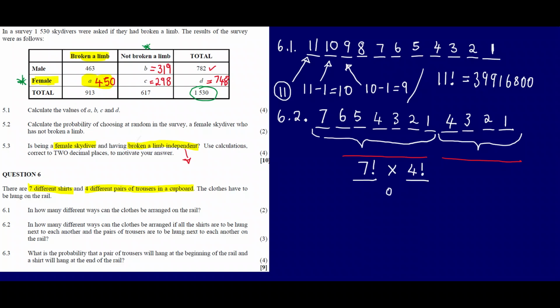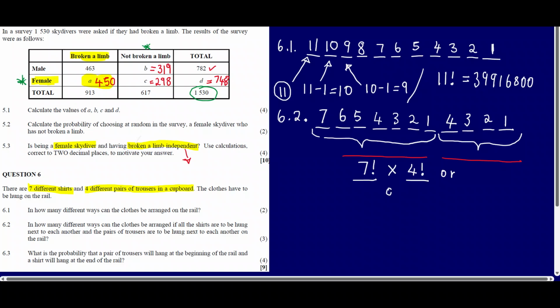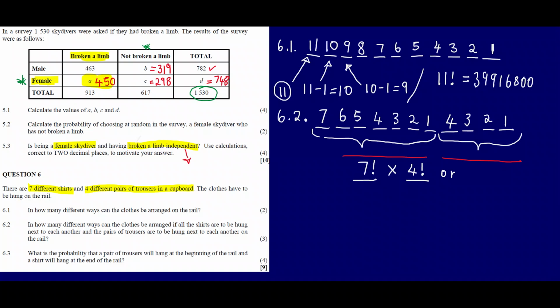So we can have the 7 factorial on the first part, or we can have the 4 factorial being the first ones, and the 7 factorial being the second ones, right?